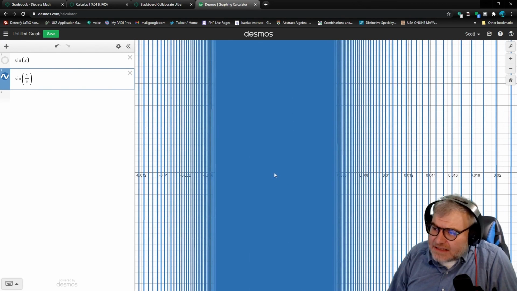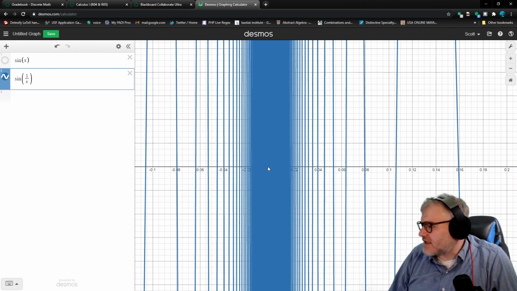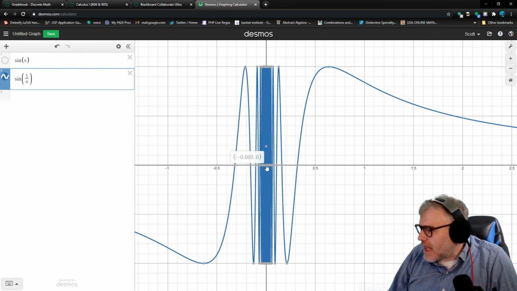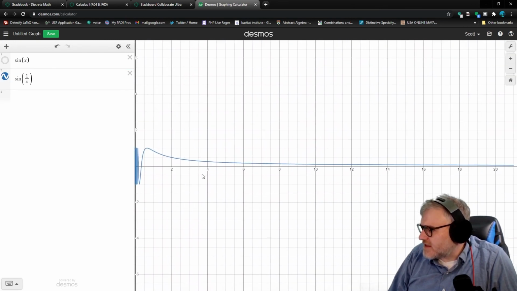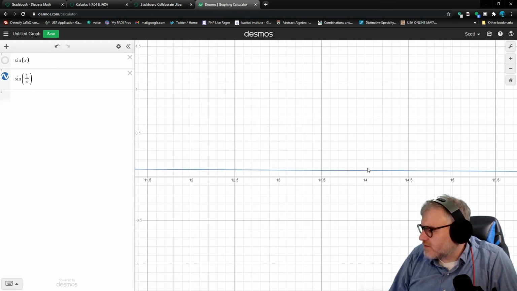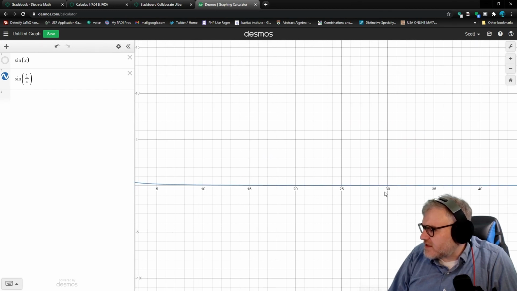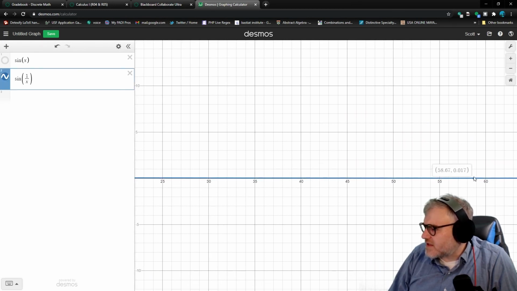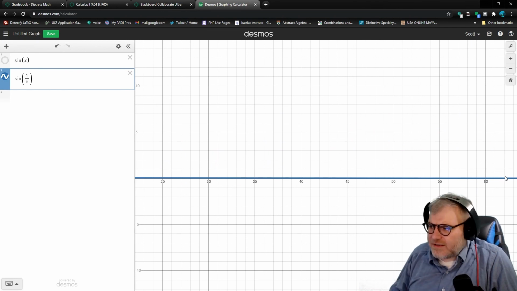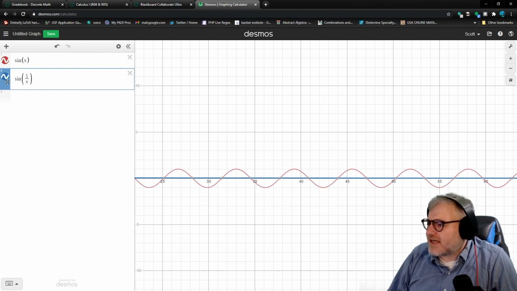Whereas sine of 1 over x, as I go to infinity, will actually settle. It settles at 0. If I zoom out enough, this thing right here is heading to 0 as I go to infinity. Now compare that to sine of x. This never settles as I go to infinity.